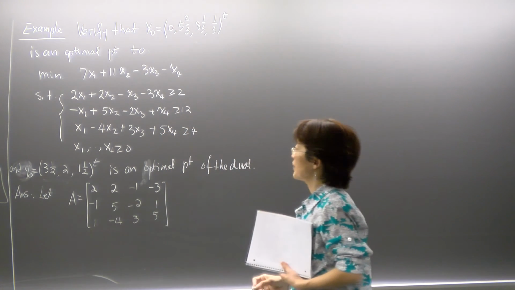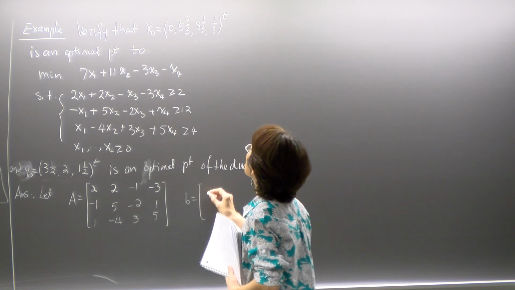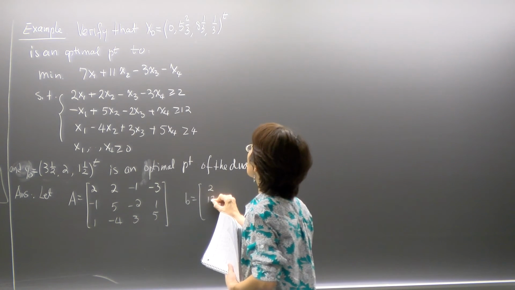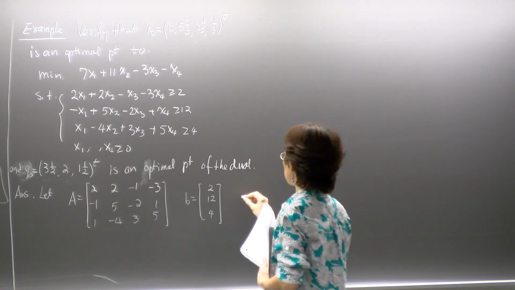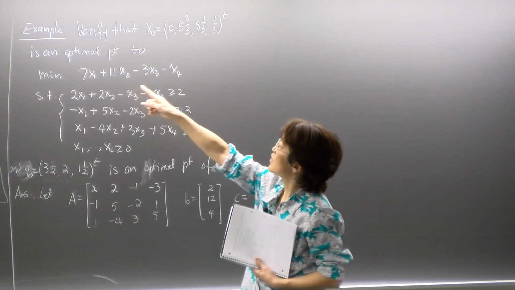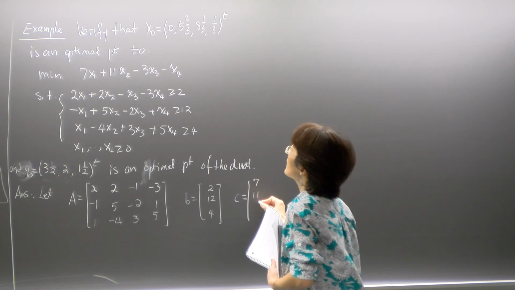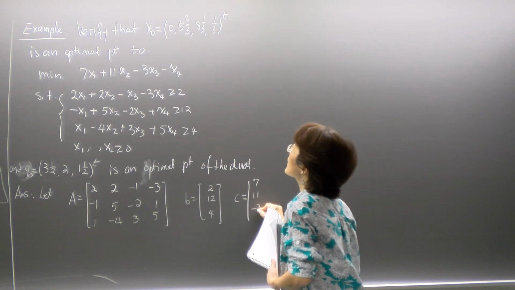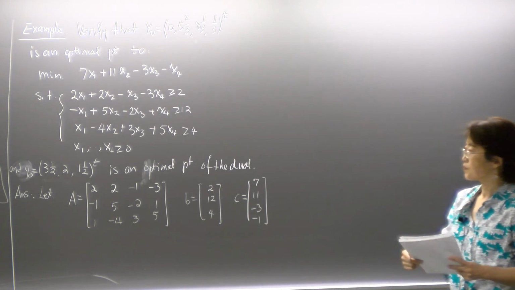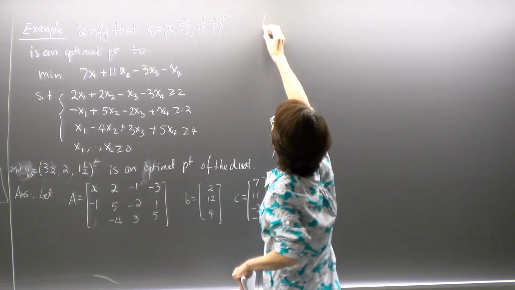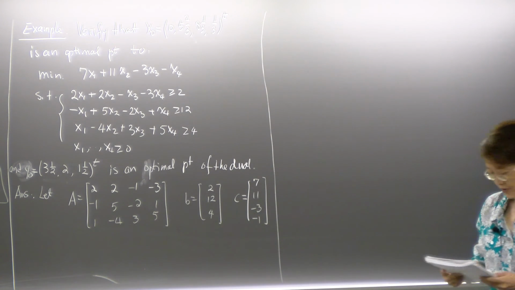That's the coefficient matrix. And I form the right-hand side vector b: 2, 12, and 4. And then I form the coefficient vector c: 7, 11, -3, -1.